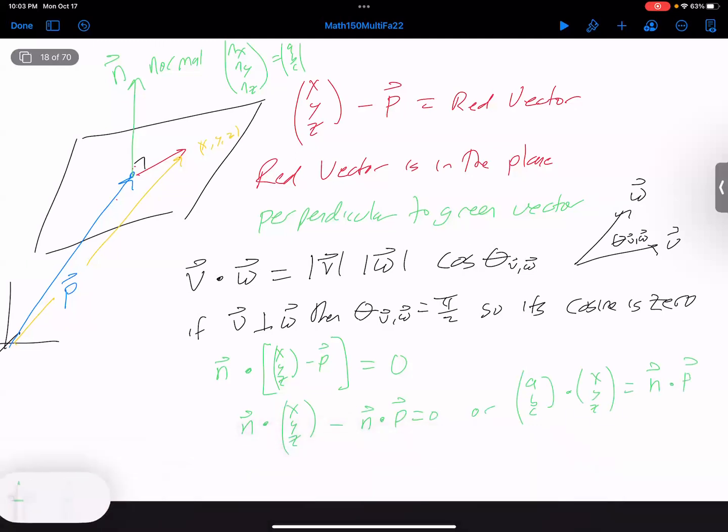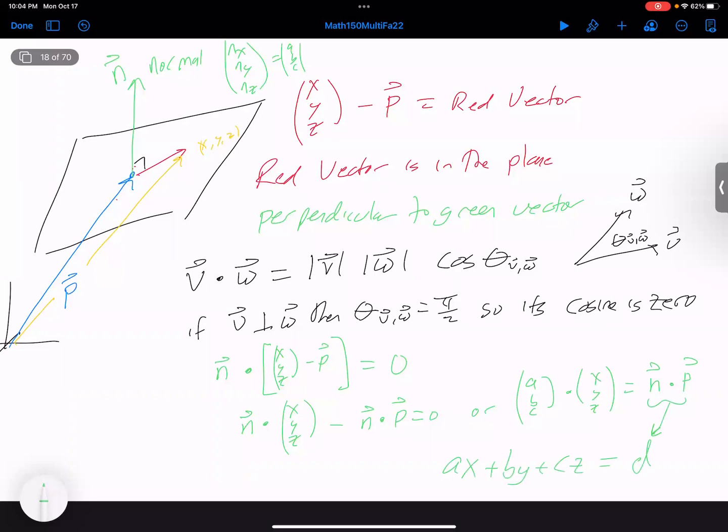So what is A, B, C dotted with x, y, z? Ax plus By plus Cz. Yep. That equals, we often call that D, just in terms of continuing the letters.